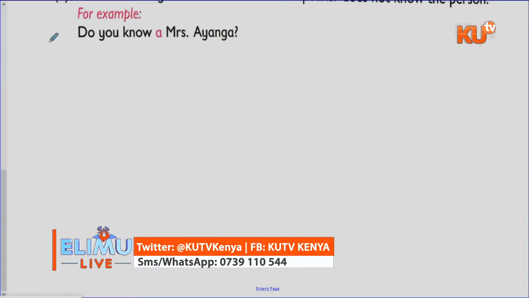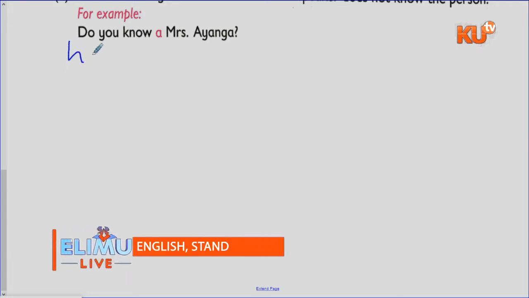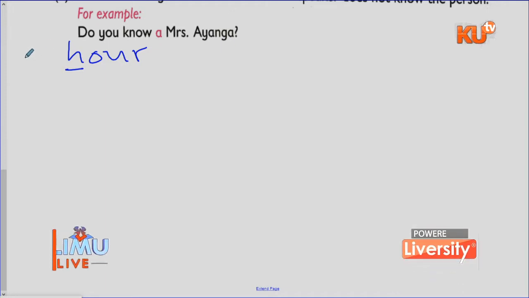They include words like hour. The H is a consonant, but when we are pronouncing that word, we say our. So it does not start with a consonant sound. It starts with a vowel sound, and therefore we will not use article a, we will use article or determiner an.